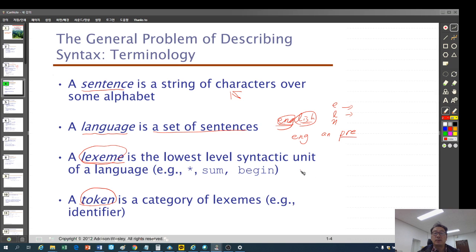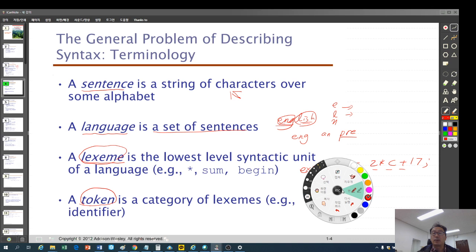For example, if we define index = 2 * count + 17 semicolon, then there are many lexemes. These one-by-one units are called lexemes, and for example, index we call an identifier. 언어에서 우리가 identifier라고 하죠.